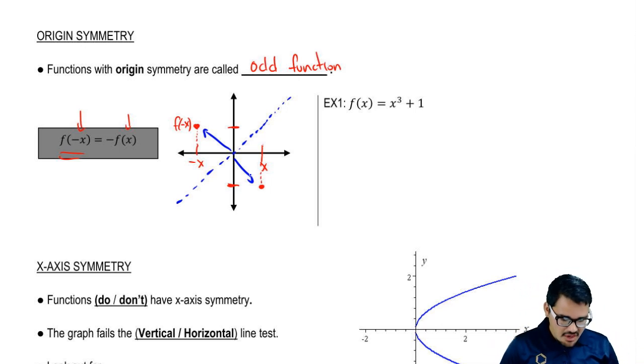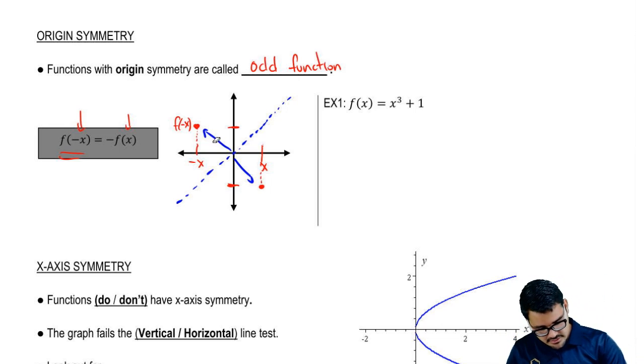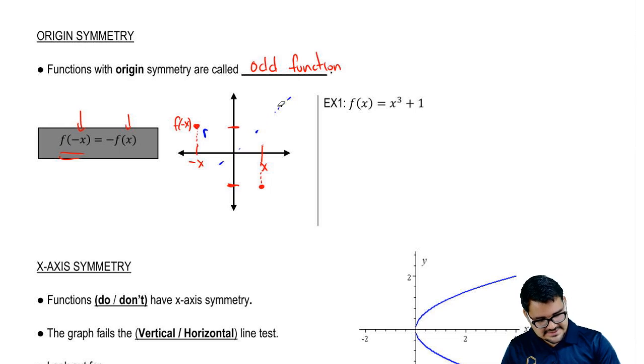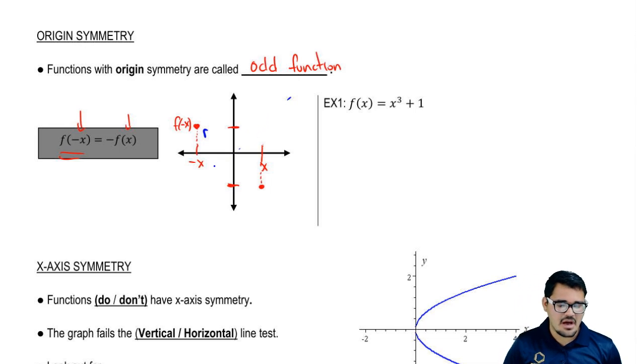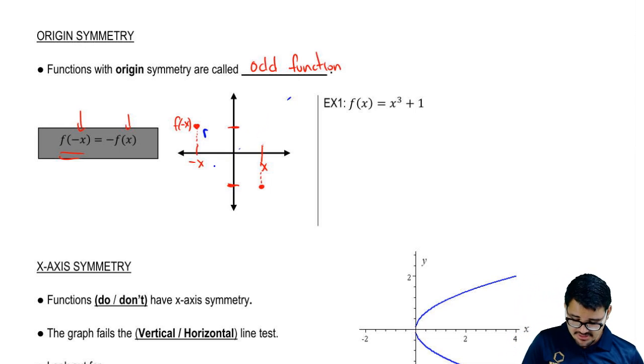So a function that we can think about that has origin symmetry that will fit through here will be something like a sine graph. A sine graph is actually a very common example of a function that has origin symmetry.